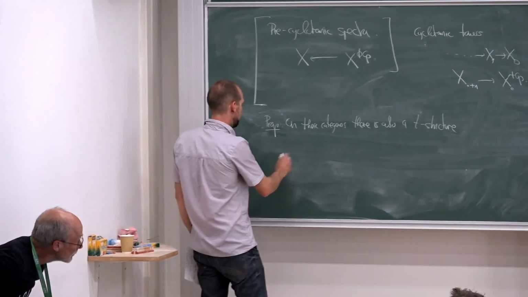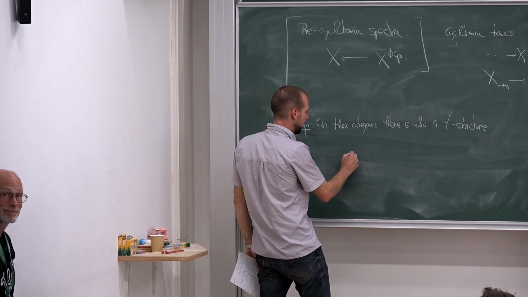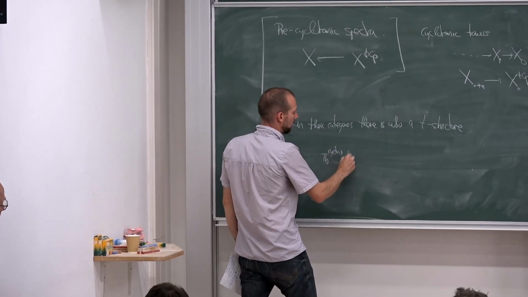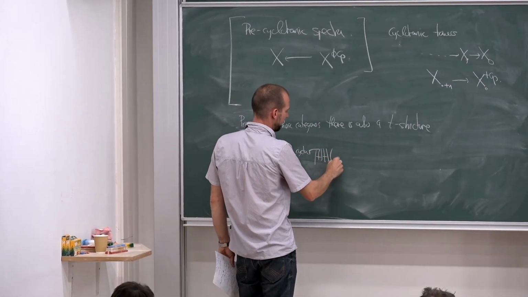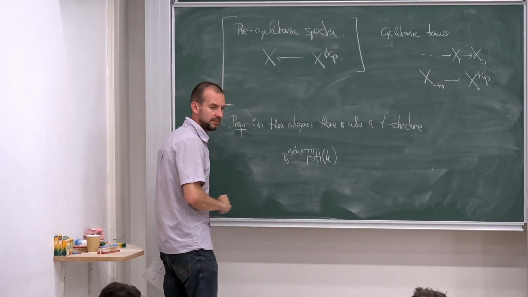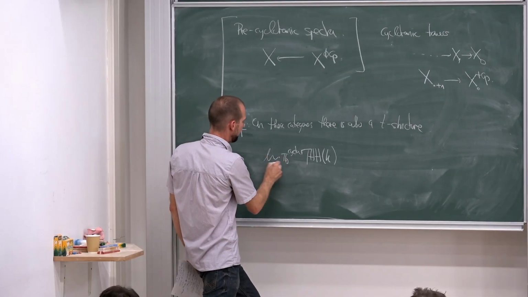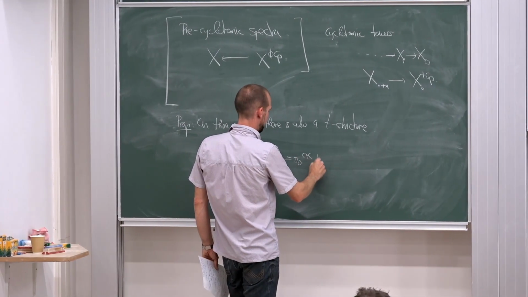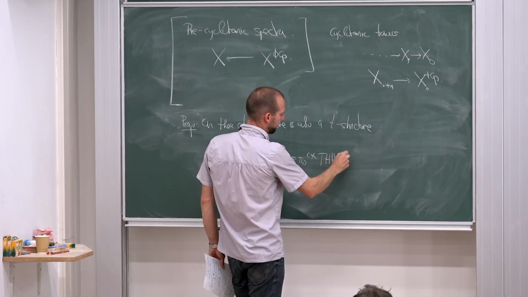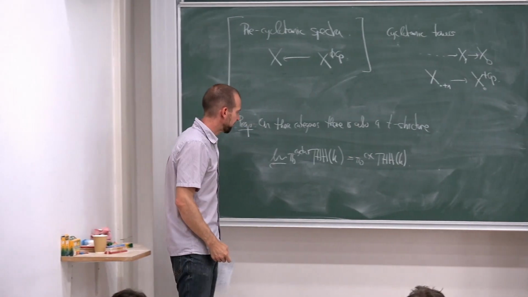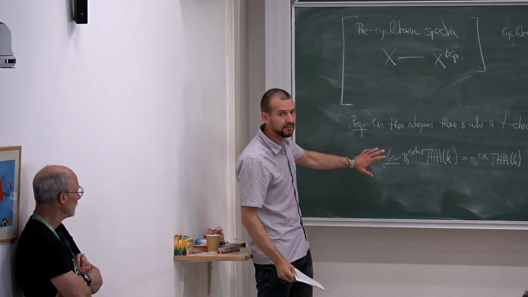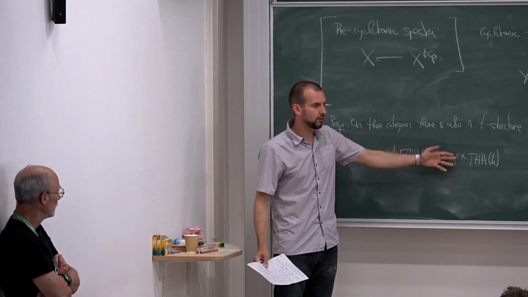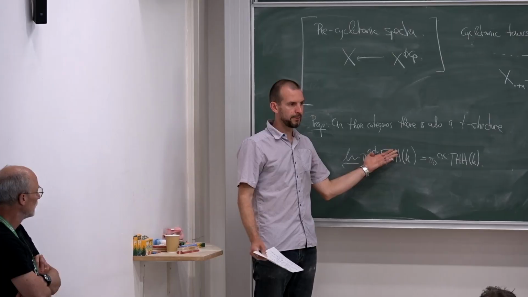And then somehow the result is that you can take this pi naught in this tower structure of THH K. And the statement is that this is a tower whose limit is actually pi naught cyclotomic THH K. And so doing everything in this tower language will automatically give me that this pi naught cyclotomic is the limit of things.